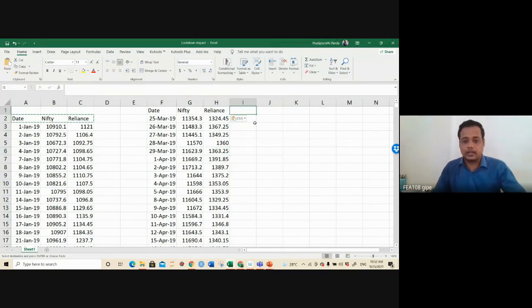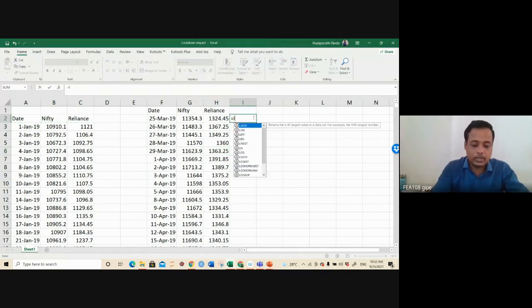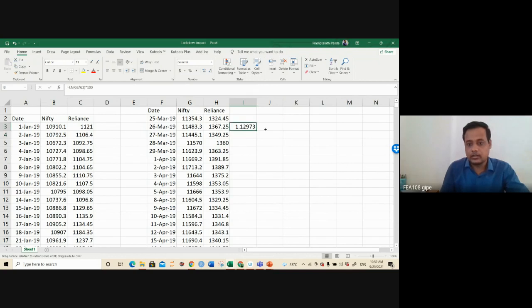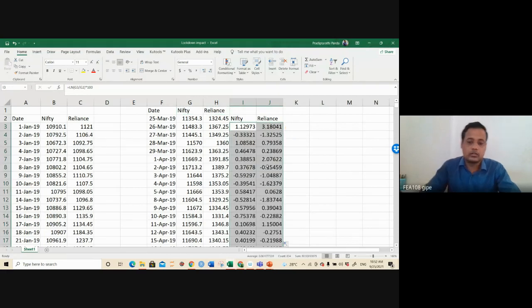Now you calculate the return. So you just say equals to ln, today divided by yesterday, then multiplied by 100. One day you will miss. You get the natural log return for both Nifty and Reliance. Okay. Now you got whole of the return series for the Nifty and Reliance.